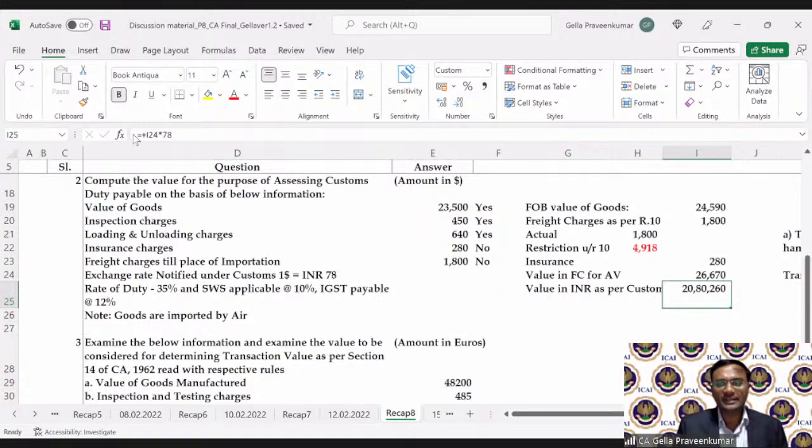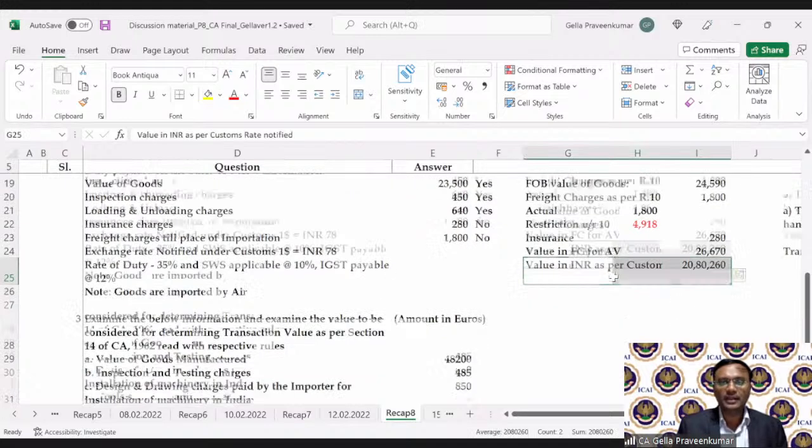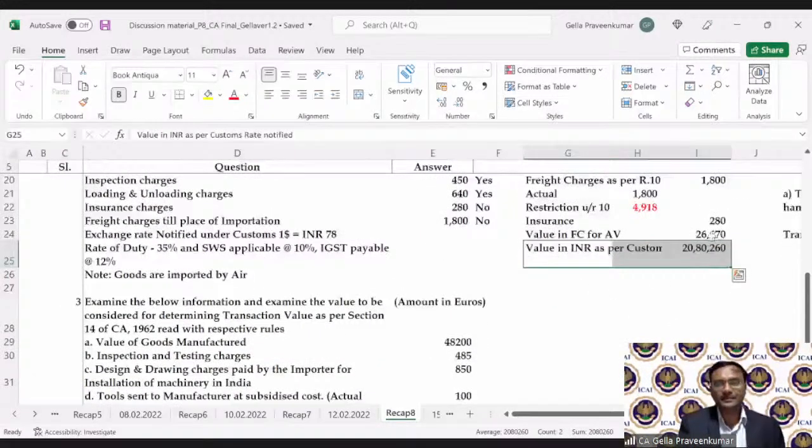Namita, please check your answer once more. You said 27,82,260. You have a different value. Please check once, Namita. Everyone, are you clear till now? 20,80,260.